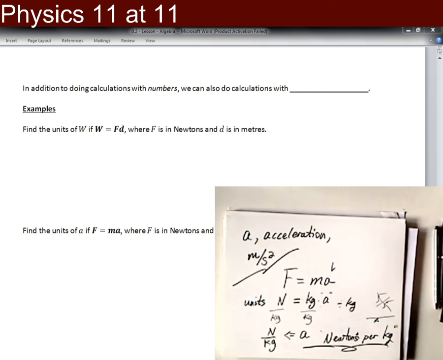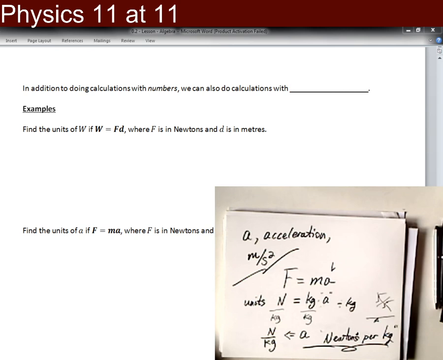All right, good people. Well, that concludes this session, where we did what? Well, we reminded ourselves how to solve some equations, or find the value of a particular variable.